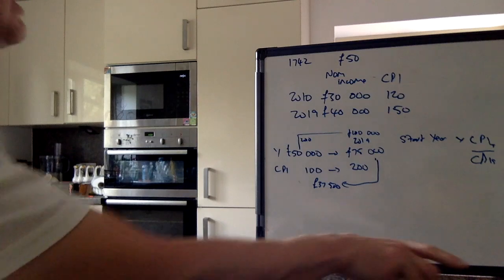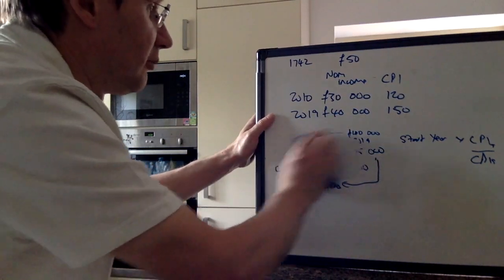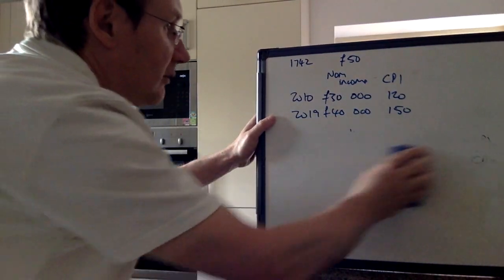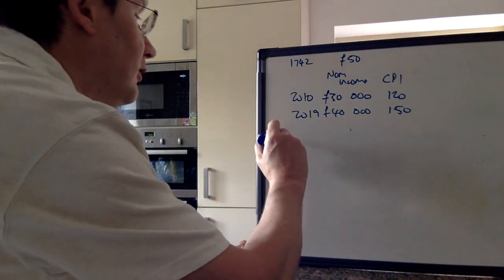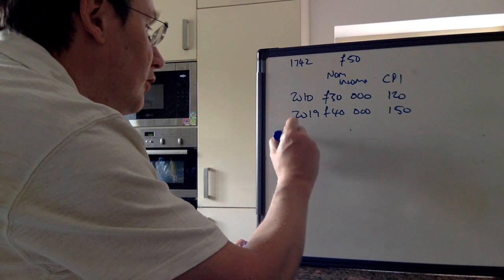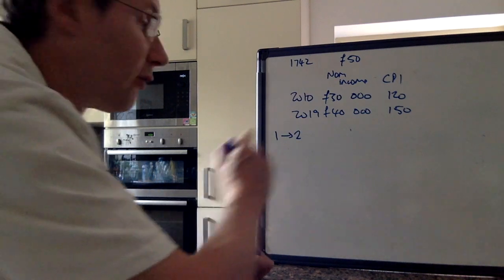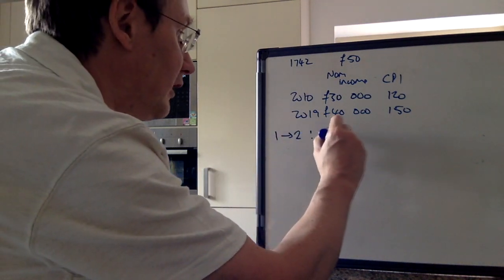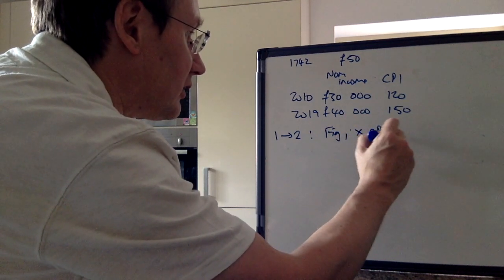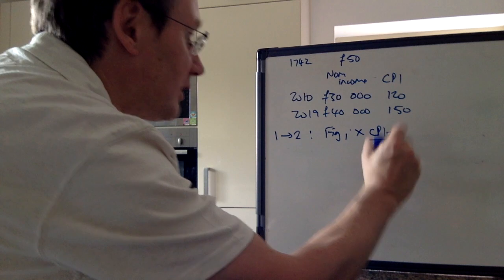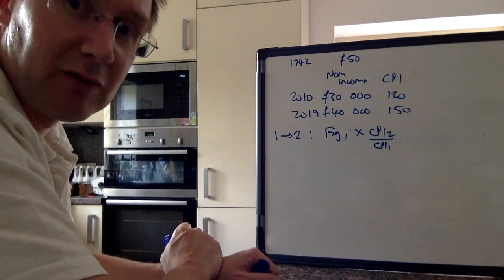Now I'll show you how we'll do it with these actual numbers, and it'll become clear. The formula is that to convert from year one to year two, we take the figure in year one, multiply it by the CPI in year two, and divide it by the CPI in year one. And that's the same whatever we do.